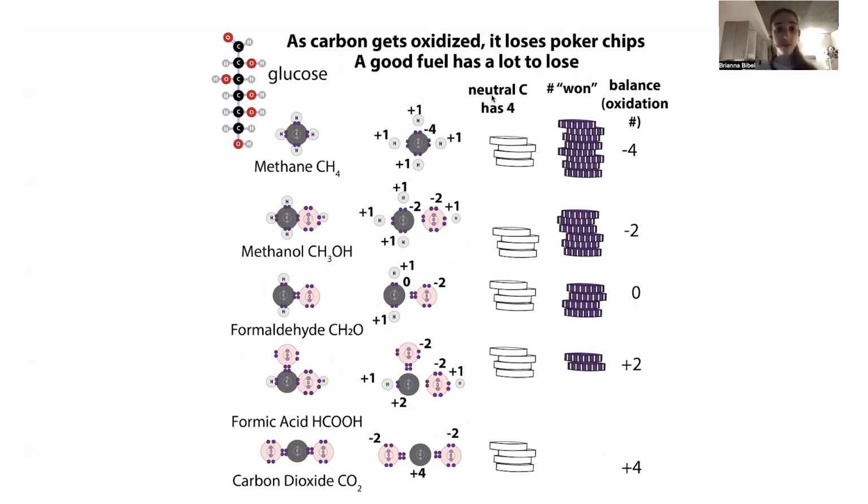So if we think about methane, for example, for why this would be a good fuel: if it's sharing just bonds to hydrogen, it could still own those bonds that it had to hydrogen. And so the more bonds you have to hydrogen, the more of those freebie electrons you get.